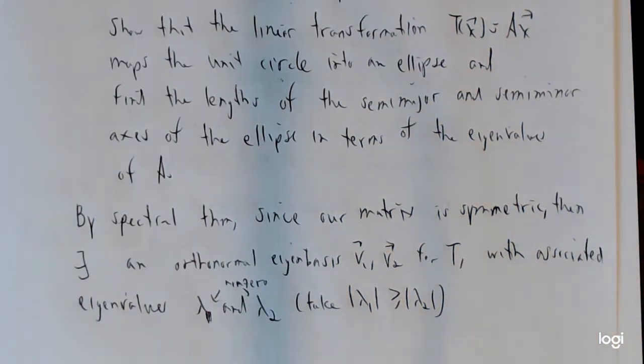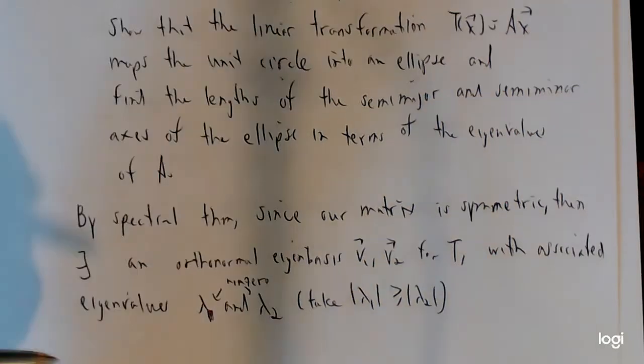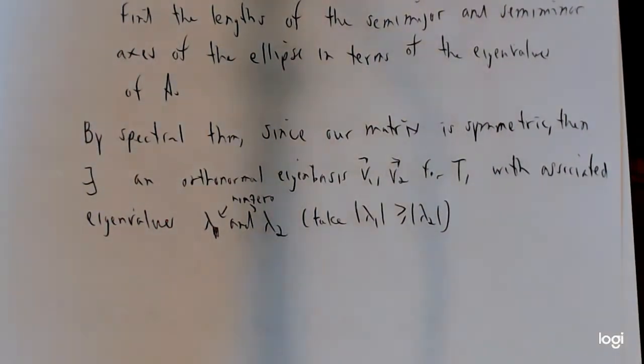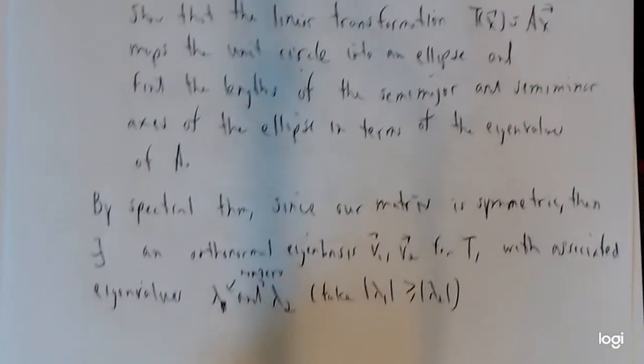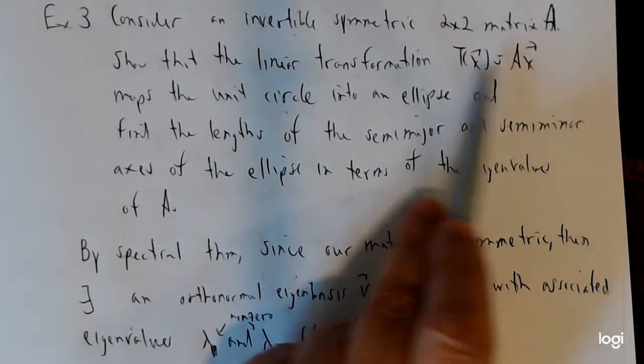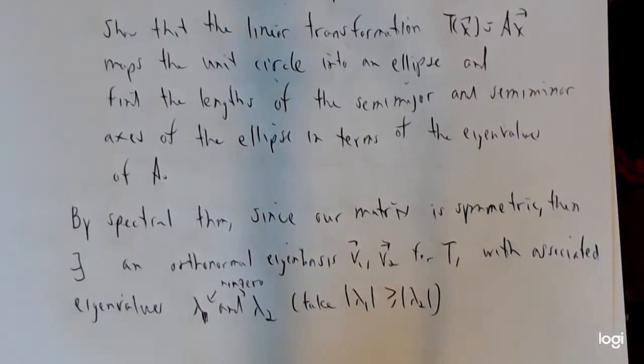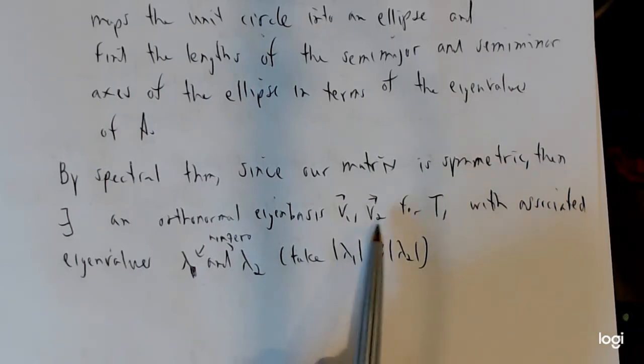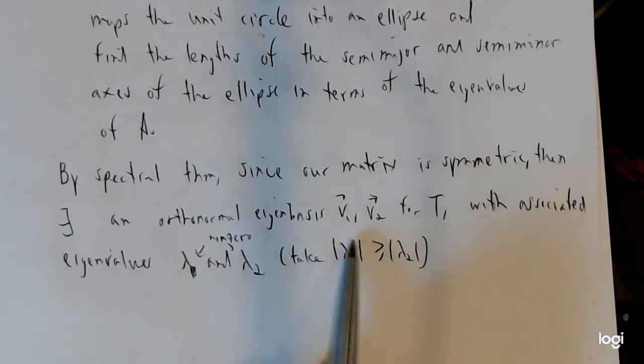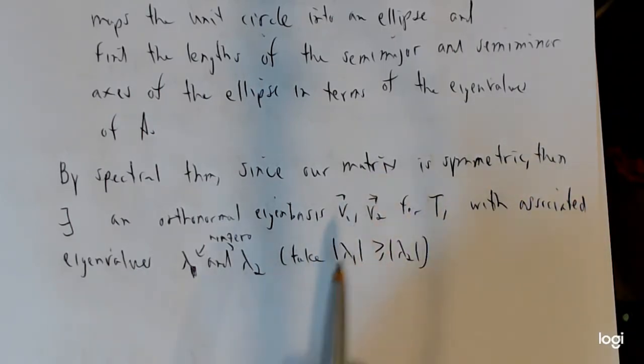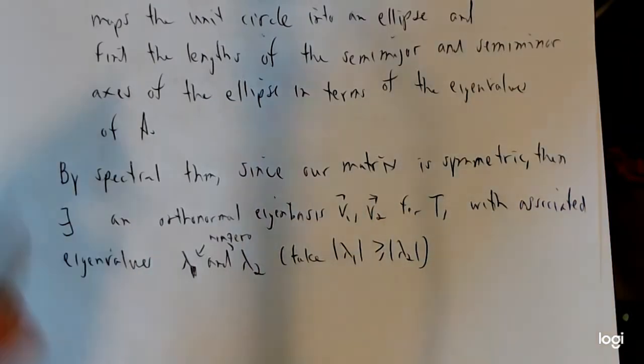So now, what is it that I want to do? I want to run a unit circle through this linear transformation, okay? We know that these are my eigenvectors, and they create my eigenbasis.